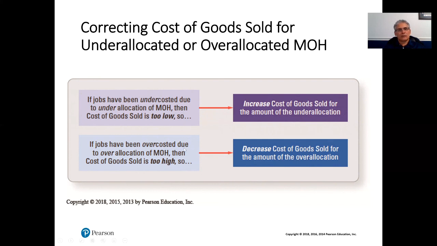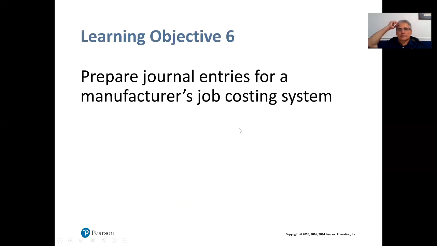If jobs have been overcosted due to overallocation of MOH, then the cost of goods sold is going to be too high. Therefore, we must decrease the cost of goods sold for the amount of the overallocation. Okay, I think we'll be able to see how that works when we go through the journal entry process.